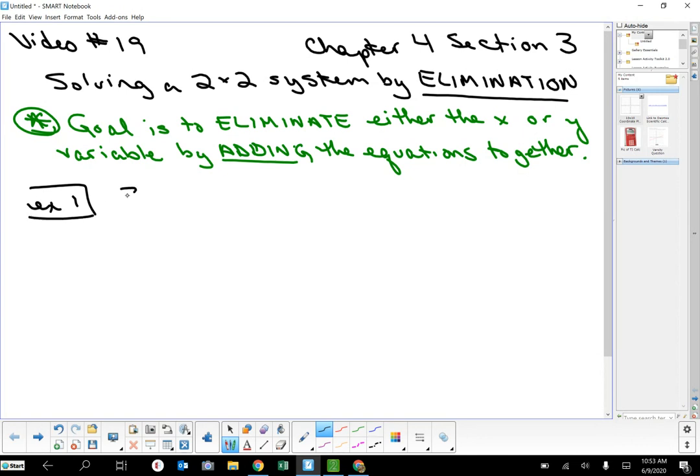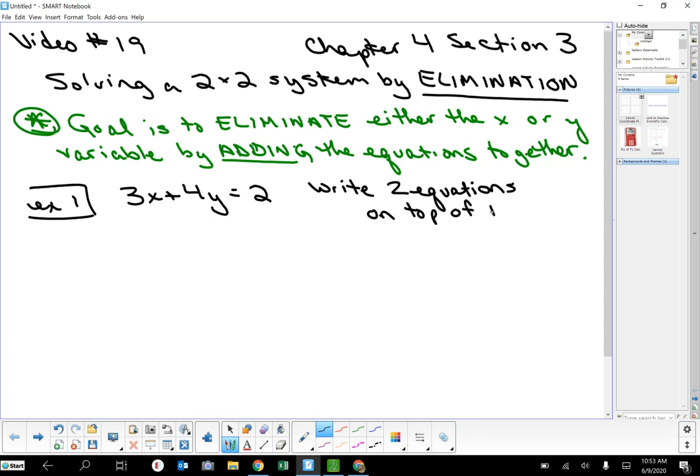is set up. So you have 3x plus 4y equals 2. And these are always written, write your equations on top of each other. It makes it easier to see what's happening sometimes. The other equation is x minus 4y equals 10.